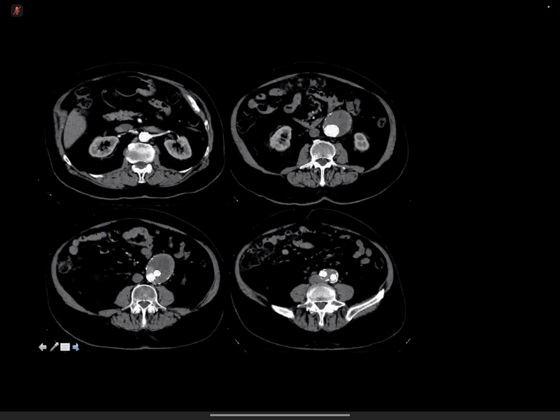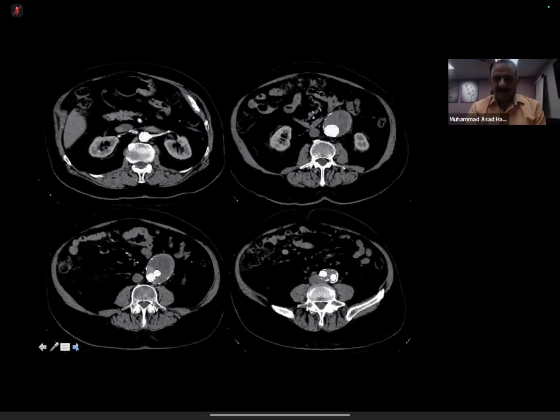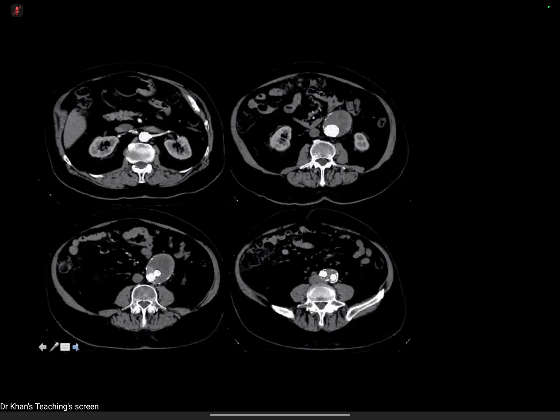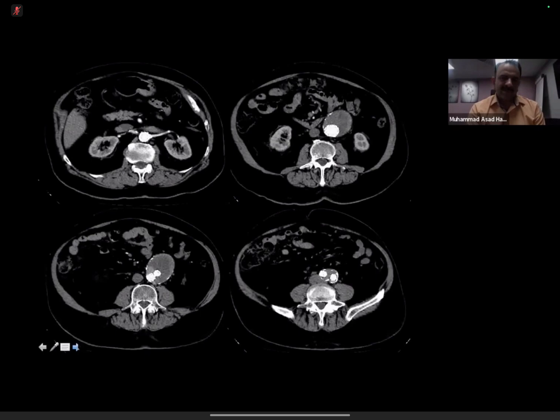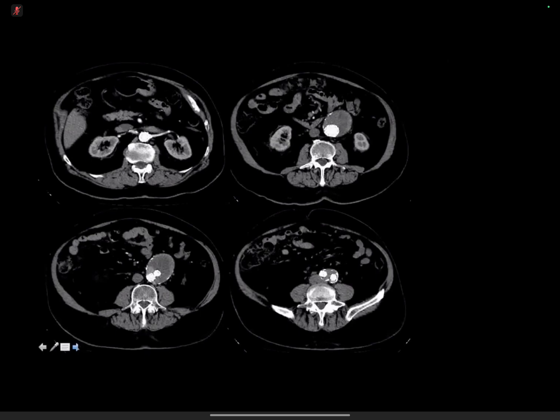Now, you very rightly described that this is an endoleak. How many types of endoleak are there? There are 5 types. Can you please name them? I know a few of them. Type 1 is the landing zone, the proximal and distal ends.